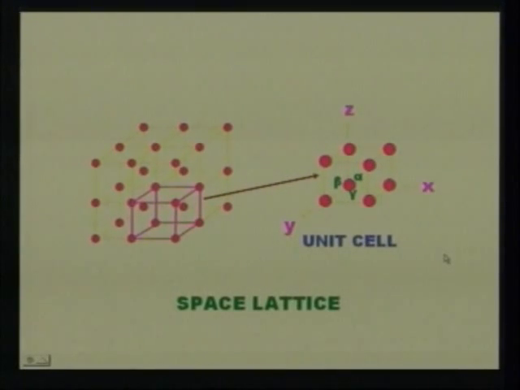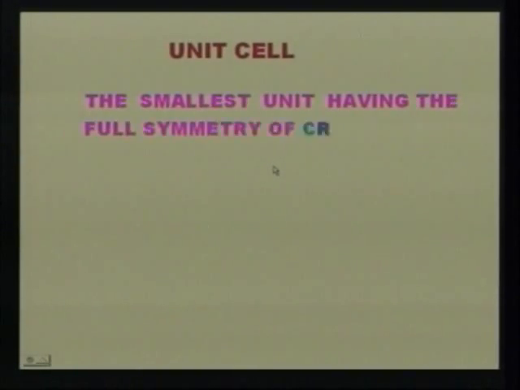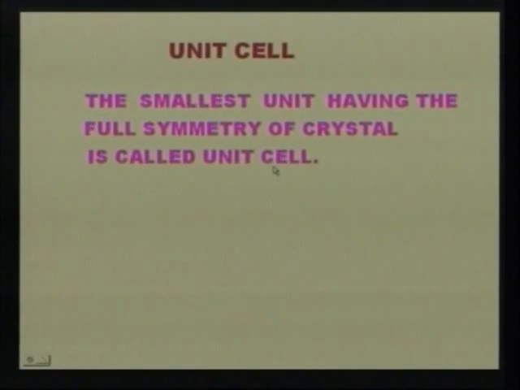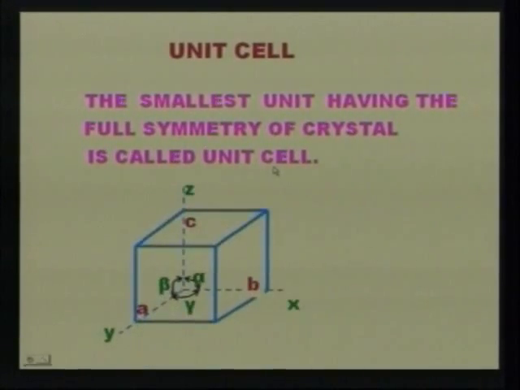Now let us see how unit cell is defined. Here you can see unit cell, that is the smallest unit having the full symmetry of the crystal is called the unit cell. Now you see another figure clearly, that is unit cell. These are the lines constructed showing the cube.